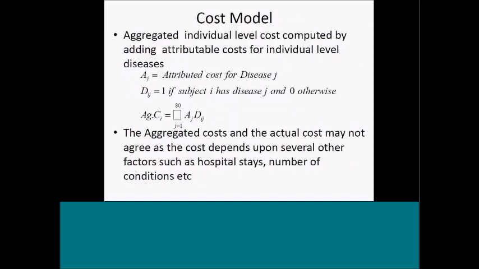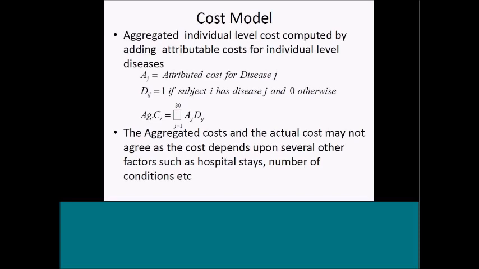Then we asked, okay, how good are these cost estimates? We said, let us add up the attributed cost for the diseases: if the person has a disease, then we attribute the cost. So we get this aggregated cost.